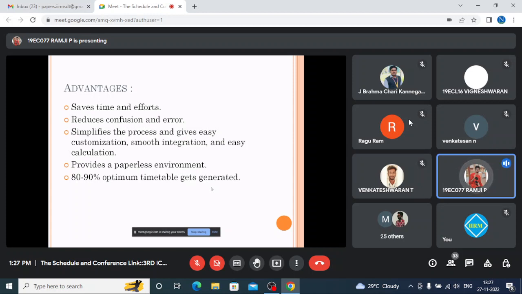For example, if we do a timetable manually, we have to draw a tabular column and use a pen, and if the subject already exists, you have to strike out and write it. So here we go with a paperless environment, and 80 to 90% of an optimum timetable is generated through this app.